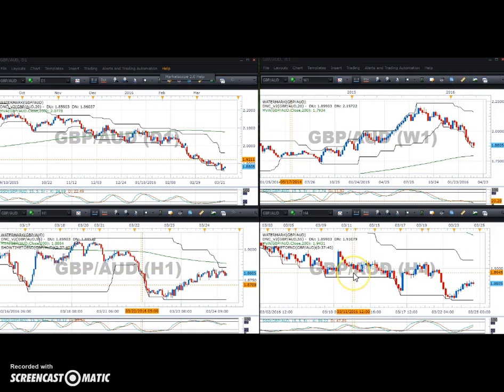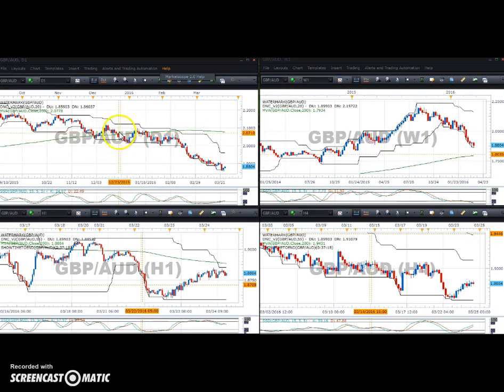that the pound is the weakest and the Australian dollar is the strongest. So as I can see here on the weekly chart, price action touched the upper Donchian channel here back in August of 2015, quite a while back, but has continued to make lower highs, lower lows, took out the lower Donchian channel, has been moving down. Looking at the weekly chart, pair's in a downtrend.